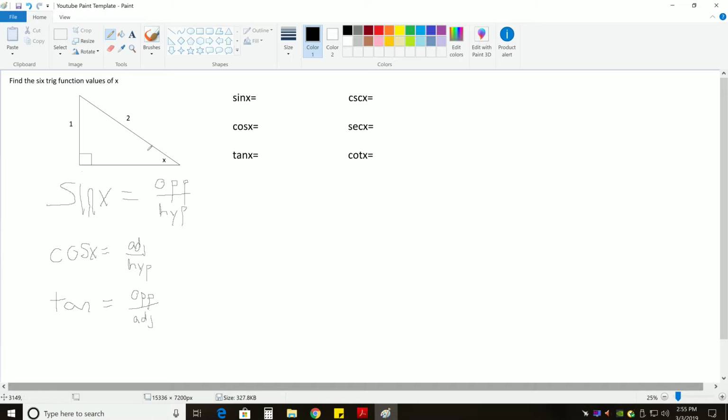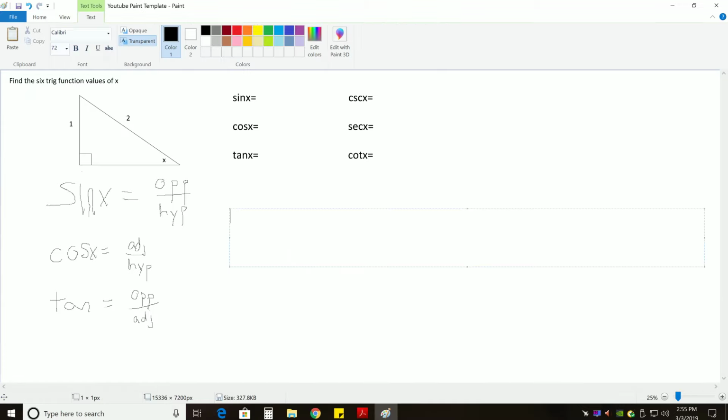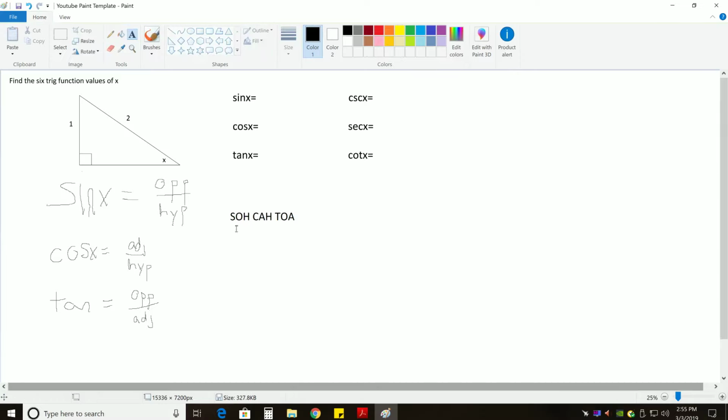And again, that comes from us having the phrase SOHCAHTOA: opposite hypotenuse, adjacent hypotenuse, opposite adjacent for sine, cosine, tangent.